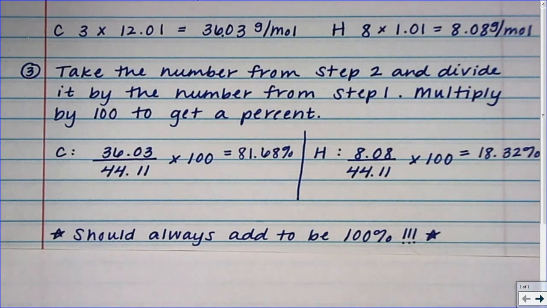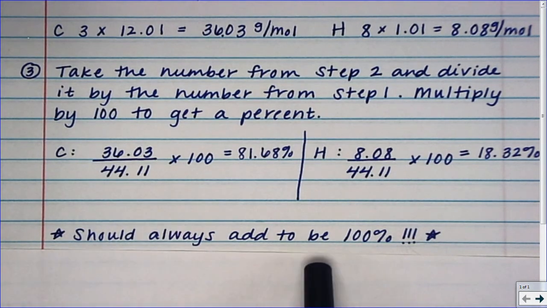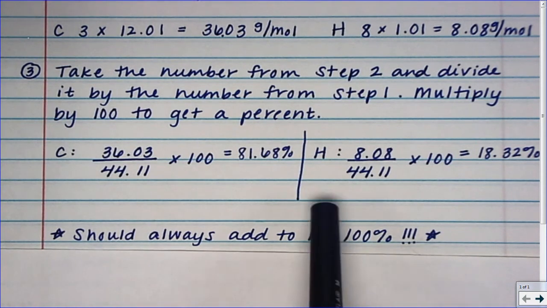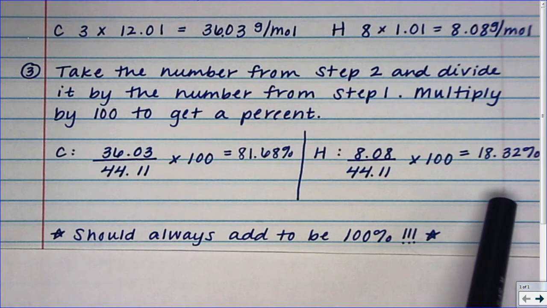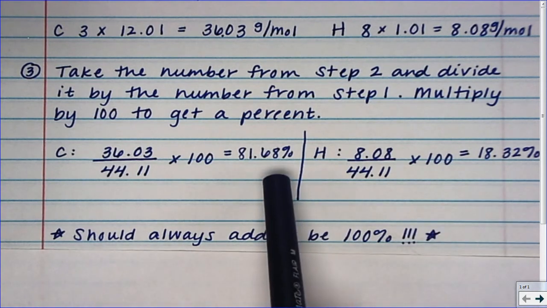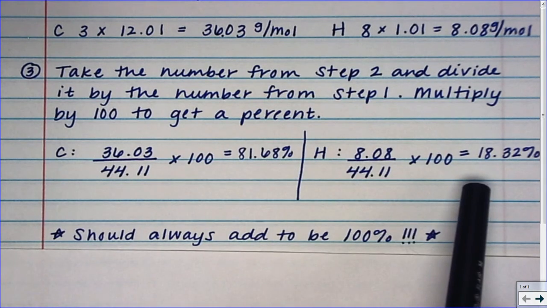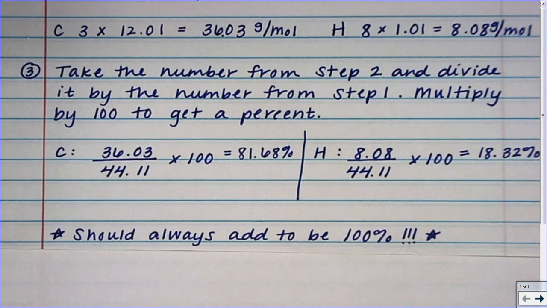Another way you can think about doing this problem is, once I got my carbon, I could have realized that my percentages always add up to 100%. Instead of working through the hydrogen example like I did here, I could have taken 100 minus my 81.68% and got 18.32% that way as well.